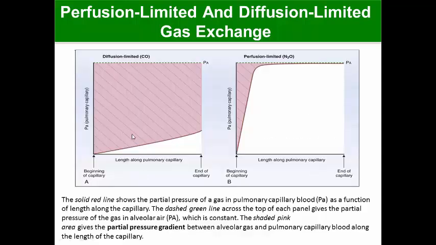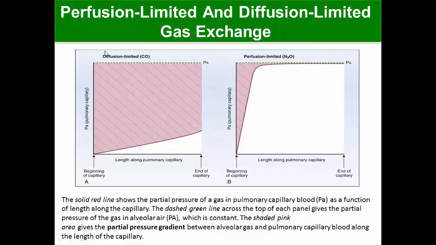And this is clear here in this diagram. So on the x-axis we have the length along the pulmonary capillaries, and on the y-axis we have the partial pressure of the gas in the pulmonary capillaries.